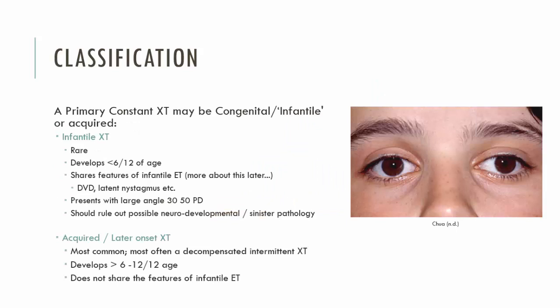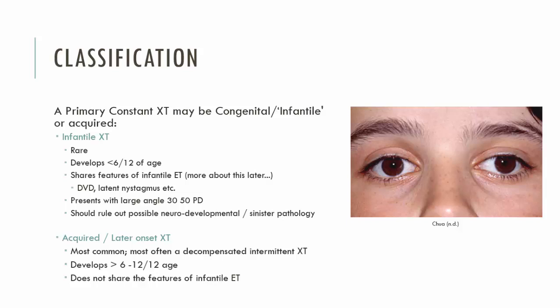Okay, let's go back to that subclassification I just mentioned, where you could indicate that the patient has an infantile exotropia or an acquired exotropia. An infantile exotropia is one that develops generally under the first 6 months of life. Later we'll start discussing a condition called an infantile esotropia, and in discussing this condition, we'll see that it's associated with a variety of features, such as late nystagmus, DVD, which is dissociated vertical deviation, and a number of other clinical features.